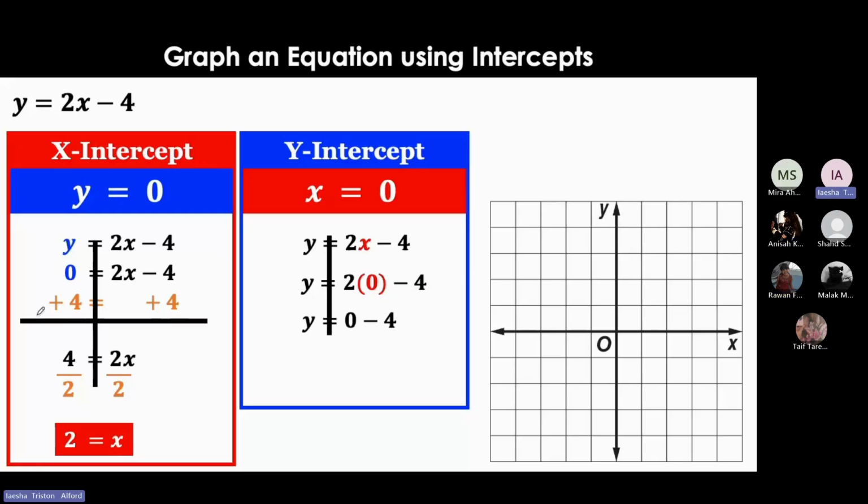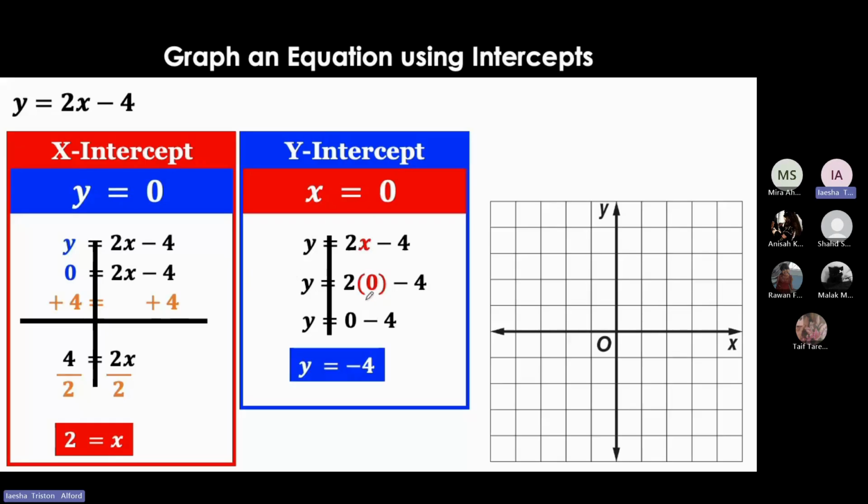So what's 0 subtract 4? Positive 4? No, 0 subtract 4 is negative 4. Done.